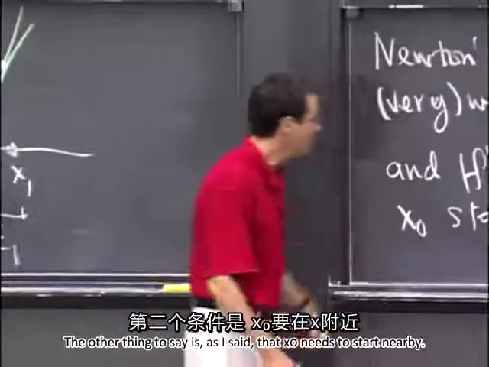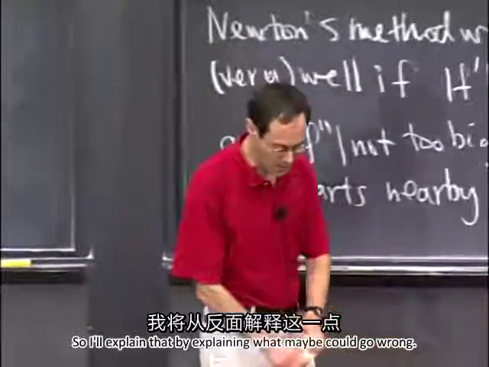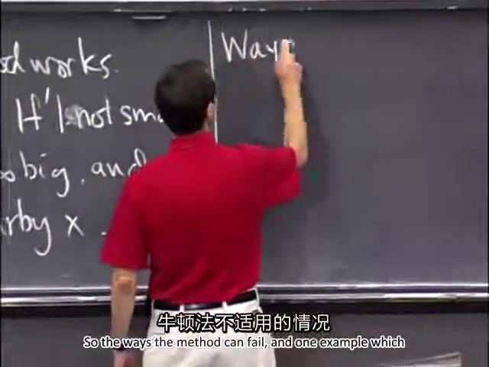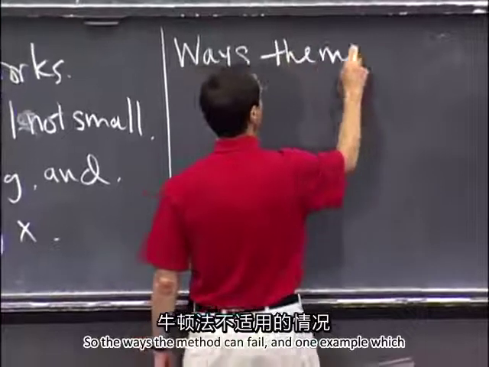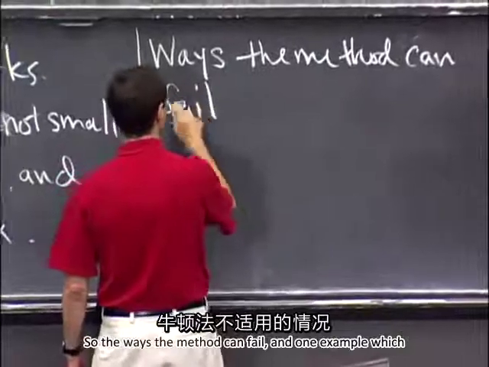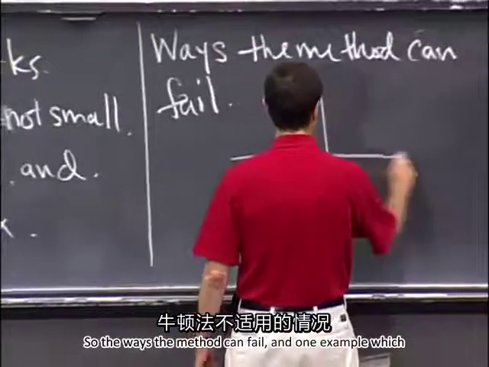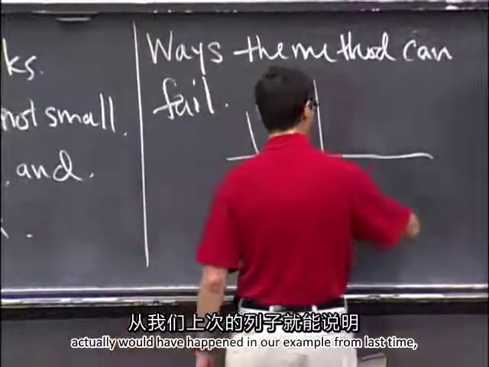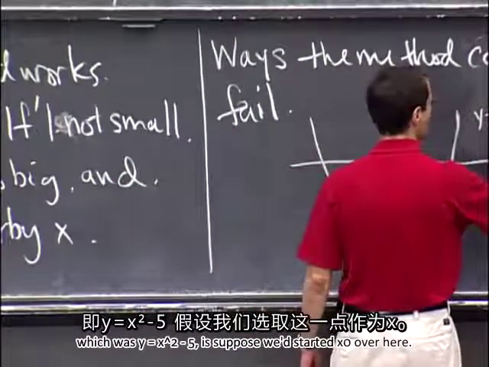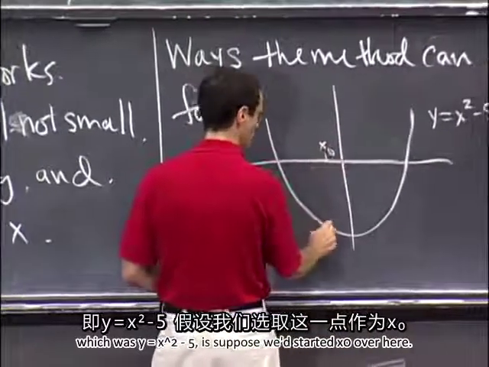The other thing to say is, as I said, that x0 needs to start nearby. So I'll explain that by explaining what could go wrong. So there are ways the method can fail. One example, which actually would have happened in our example from last time, which was y equals x squared minus 5, is suppose we'd started x0 over here.